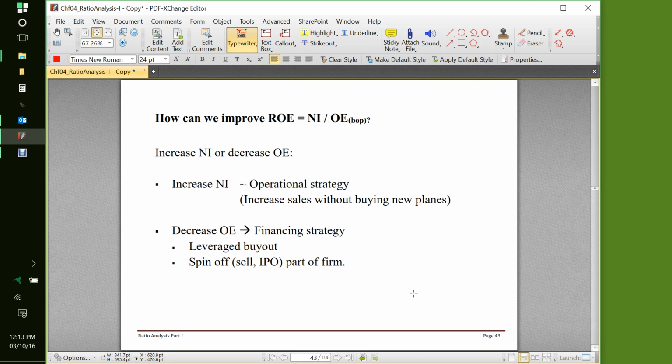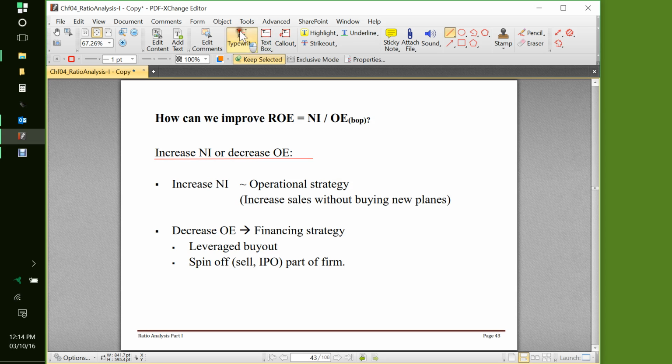Okay, so now there is the question. We know that we want ROE to be positive, big, and increasing. So now we want to go back to just thinking about algebra. How can we improve this ratio? We can increase the numerator or decrease the denominator, right? And why am I saying that?